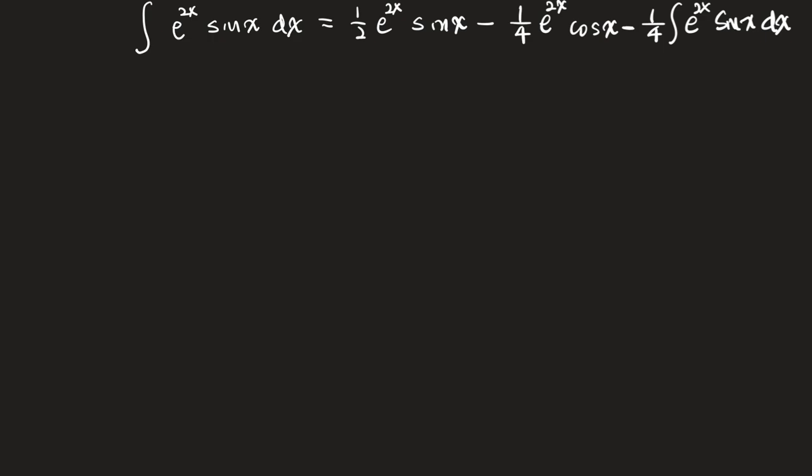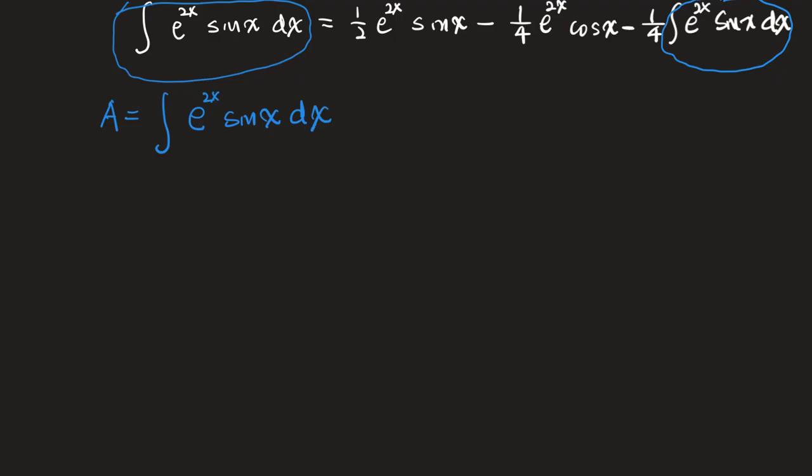Now, how are we going to find this integral, guys? We want to find this indefinite integral. Look at this one. Can you see the same thing here? So let's call a the integral e to the 2x sine x dx.